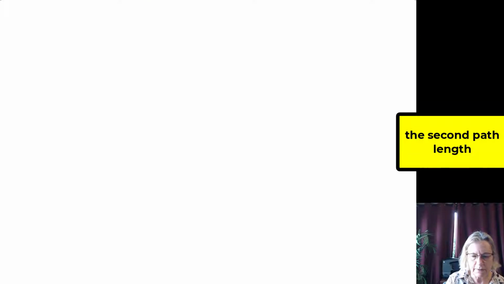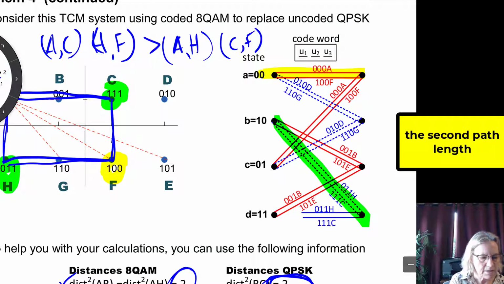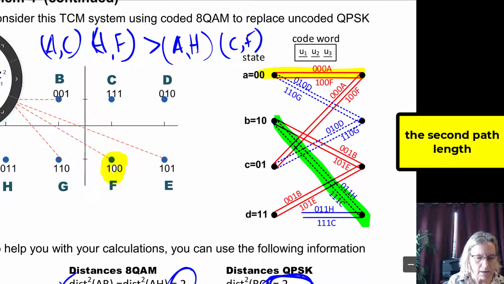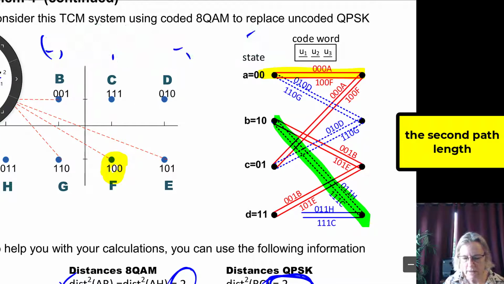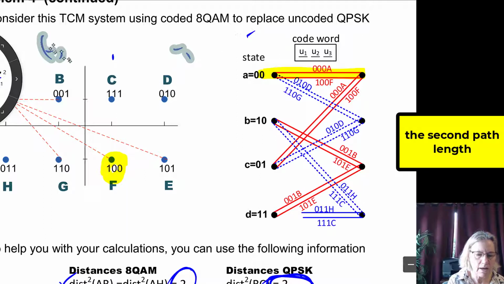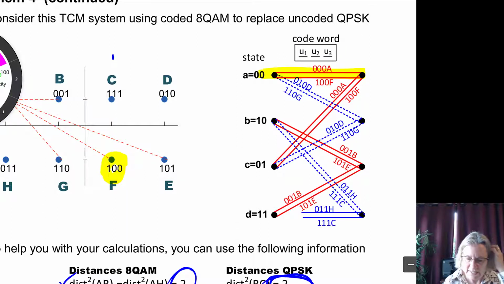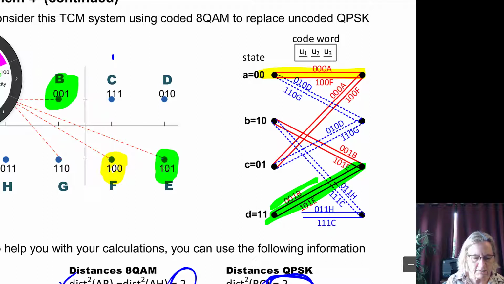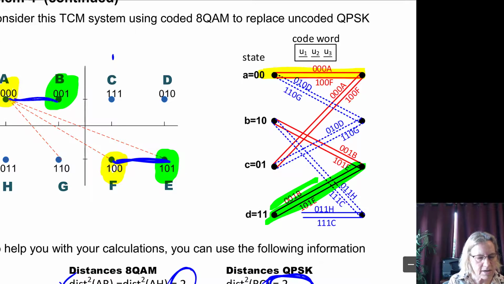So I'm going to go back up here and look for the D to C transition, and the D to C transition is B and E. So now I go down to get my distances, and there's the distance here, of course here and here.